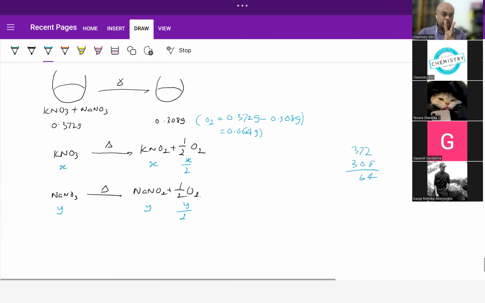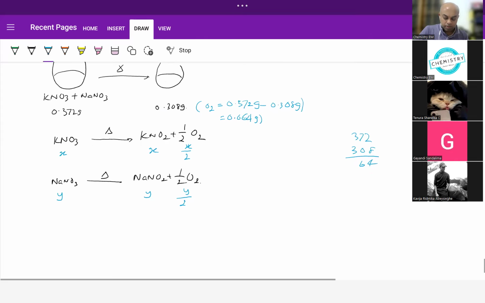Then I can build up the equations. Actually 3 equations are not required. 2 unknowns, 2 equations is enough. Then I can solve for X and Y. Moles is equal to mass divided by molecular mass.